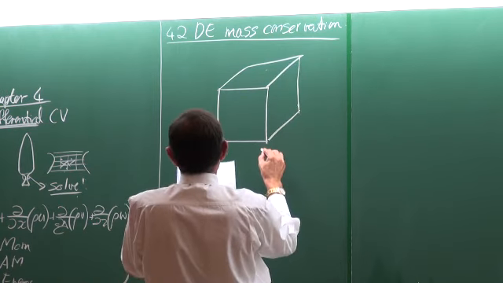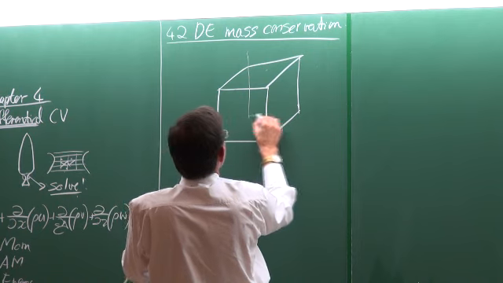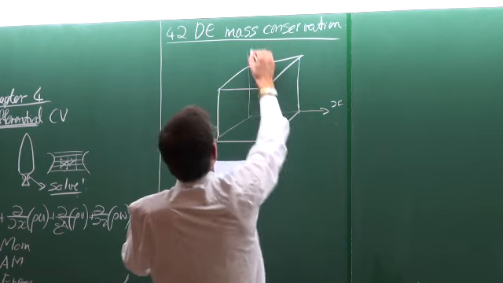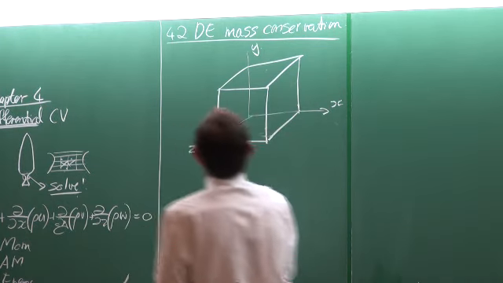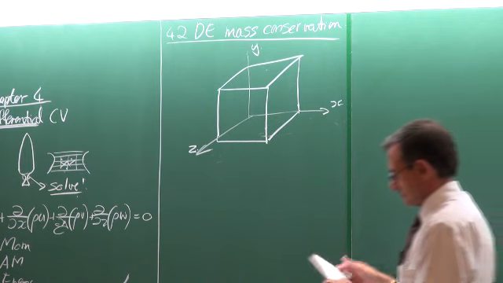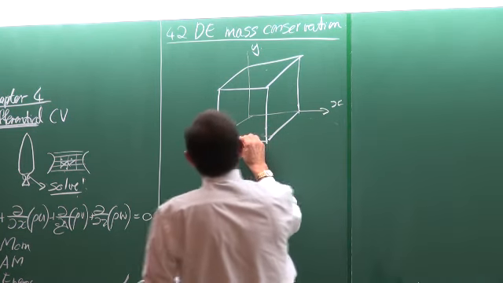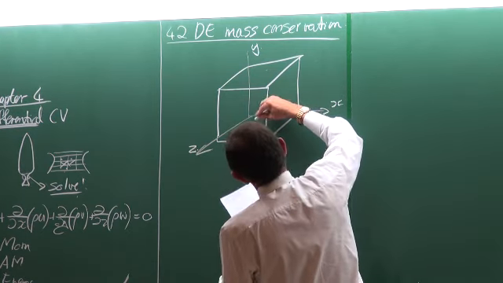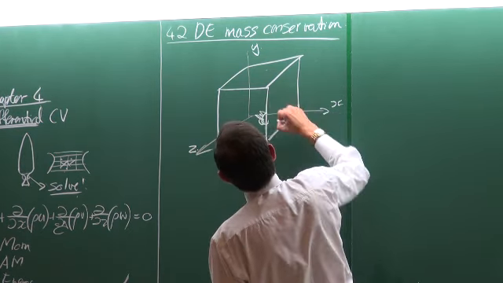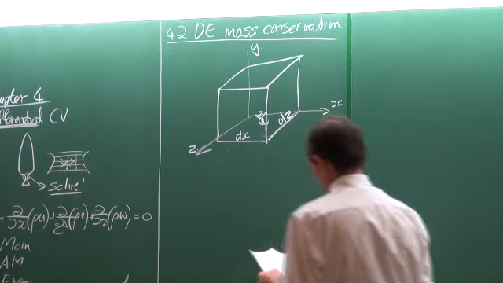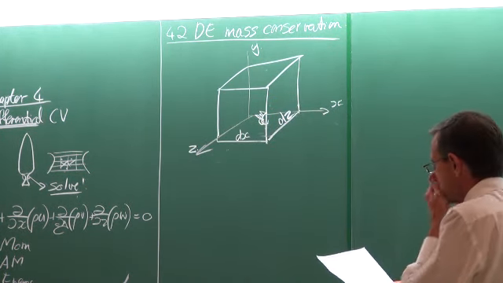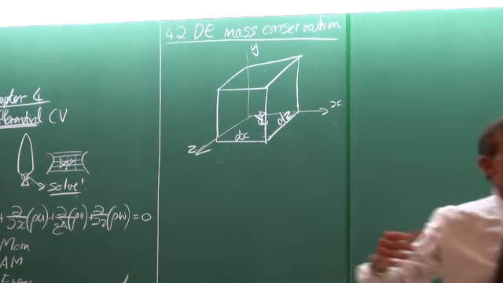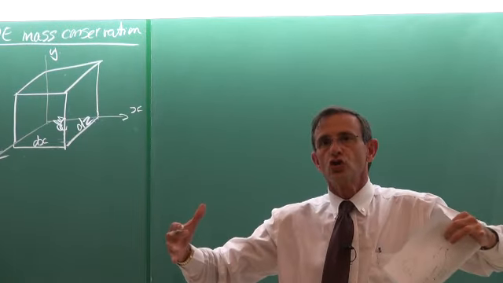The control volume, in terms of its coordinate system, looks like this: x in that direction, y in that direction, and in that direction z. It has dx in that direction, dy, and dz. So what we're going to do now is look at the mass flow rates in and out of the control volume.